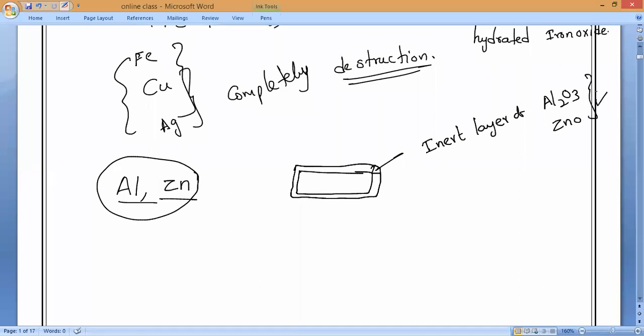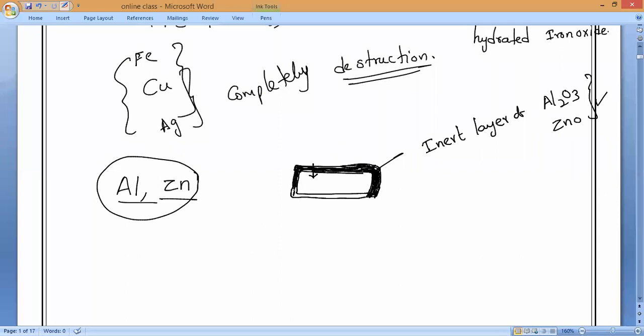It will prevent further passing of atmospheric gases into the inside of the metal, so that no further corrosion is carried out. That is why for aluminum and zinc, protection is not needed anymore. And we can use this even in preventing corrosion of other metals also. That is what we'll study now.